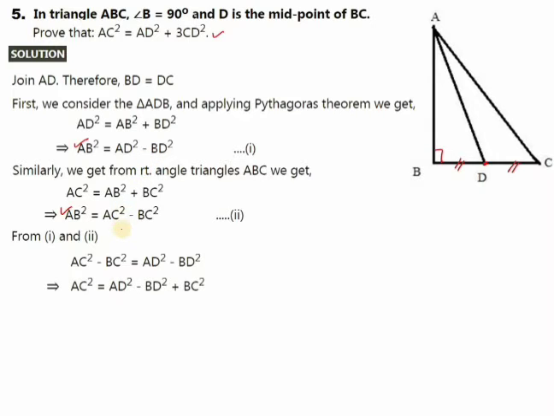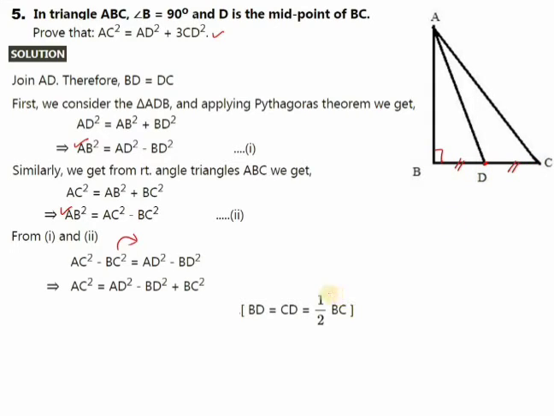Now what I have done here is, let me take this out here, so it becomes plus BC square. Now you know BD and CD are equal, and they are exactly half of BC, isn't it?